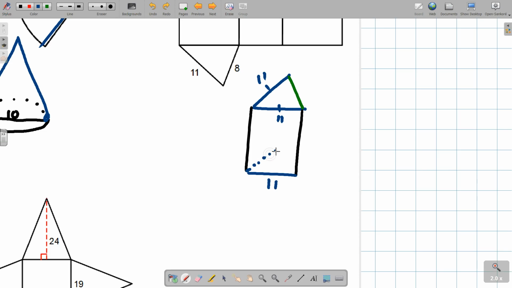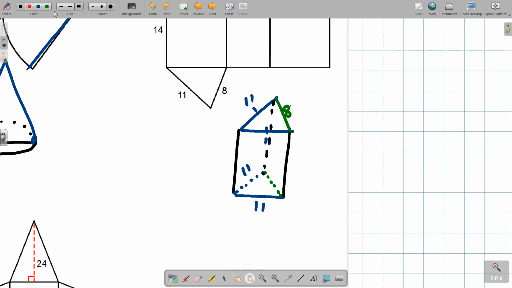That's 11. That edge right there is the 8. And then we have our height, which is 14. So there's your solid. That's a triangular prism.